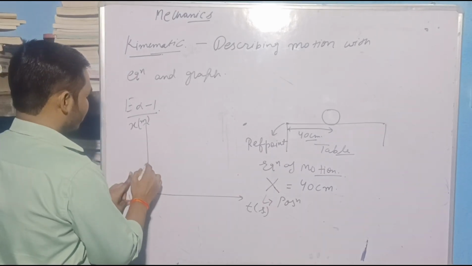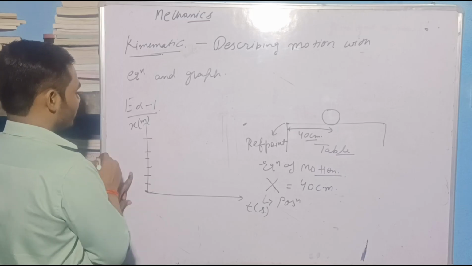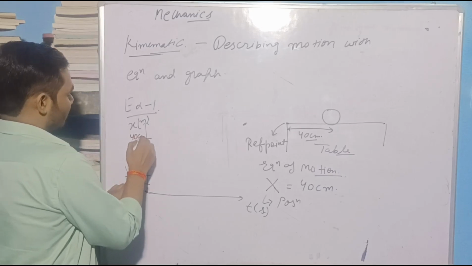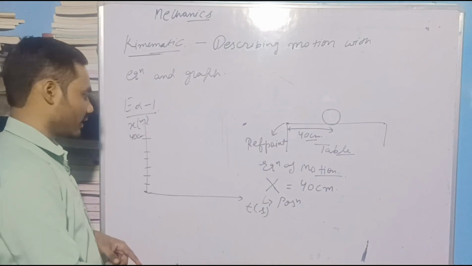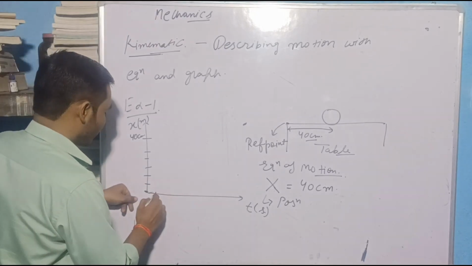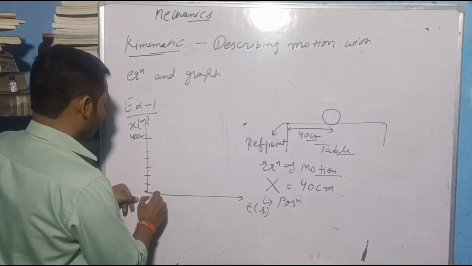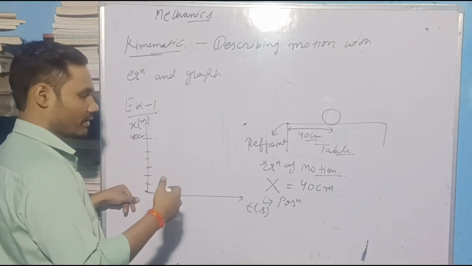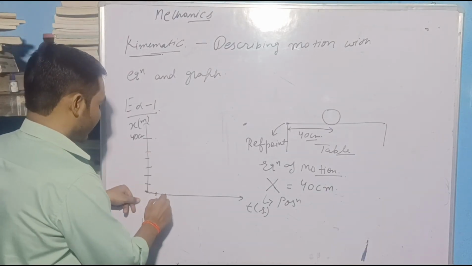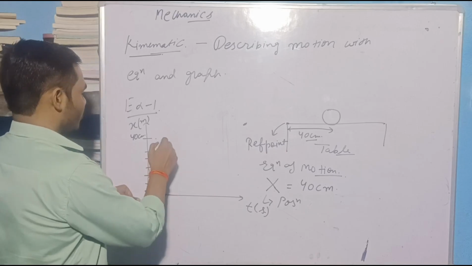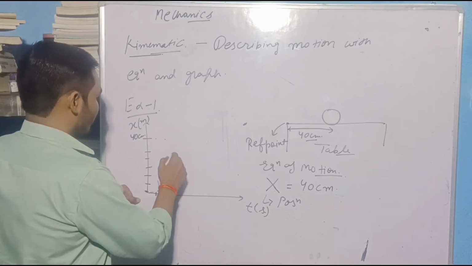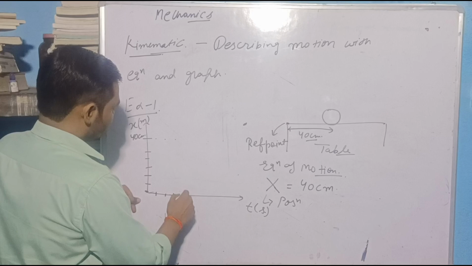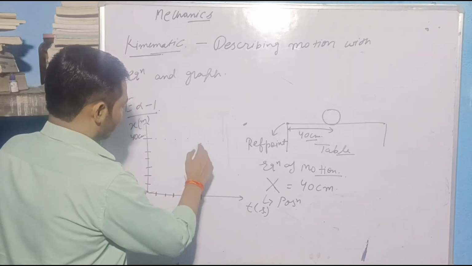So 1, 2, 3, 4, 5, let it be here, 40 centimeter. After 2 or 3 seconds or 2 or 3 hours, whenever we see this ball, we get the same position. At this time the position is here, at this time the position is 40 again, at this time the position is 40.